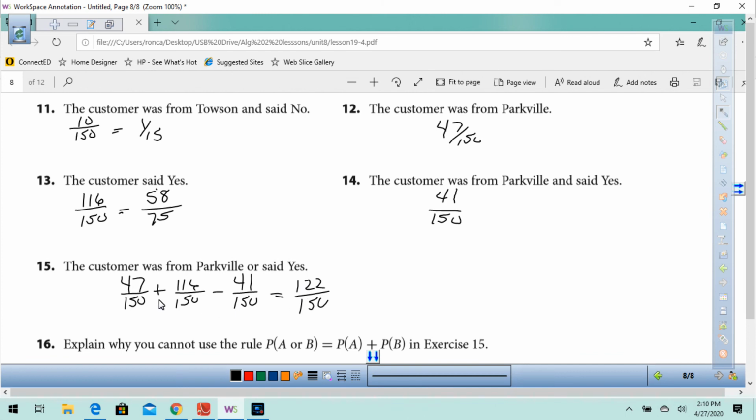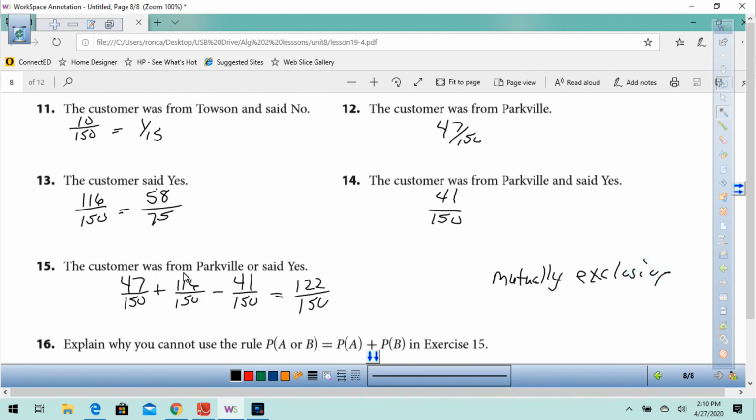Number 16. Explain why you cannot use the rule probability of A or B equals the probability of A plus B in exercise 15. Okay, and if you'll remember in your notes, there was a term about mutually exclusive.